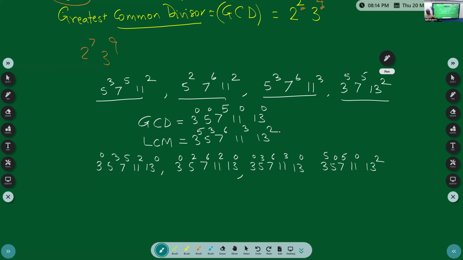Asking that is an easy question. So I will give you GCD and one number N1, and ask you to find all possible values of N2, number 2, so that the GCD of number 1 and number 2 is the given number.